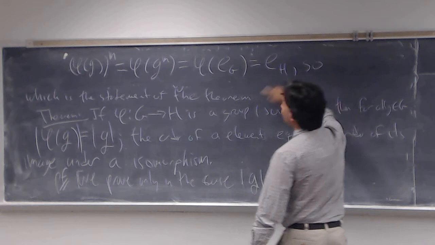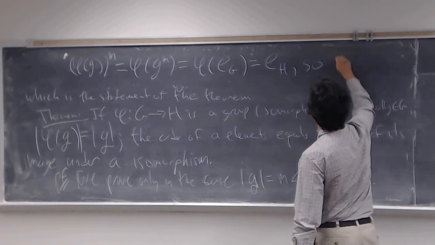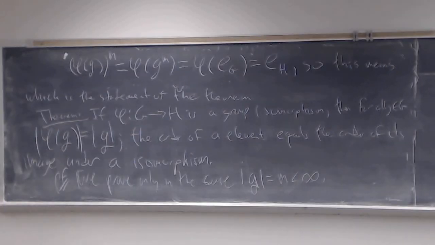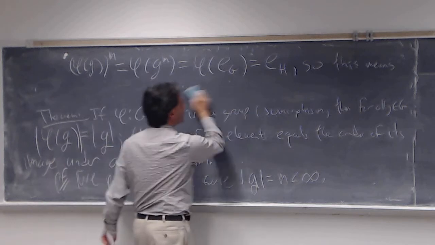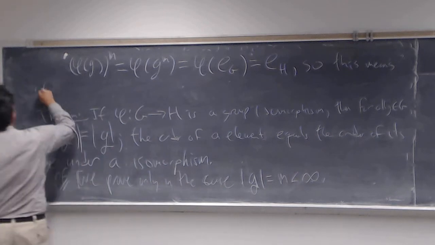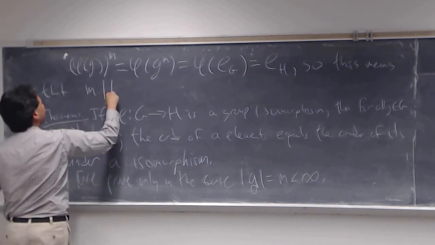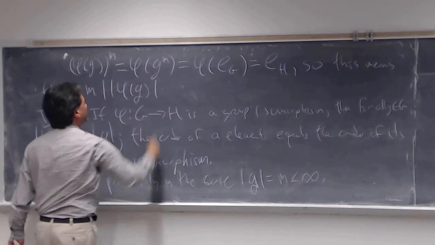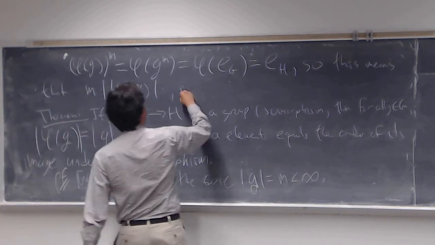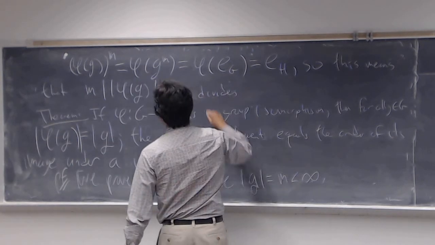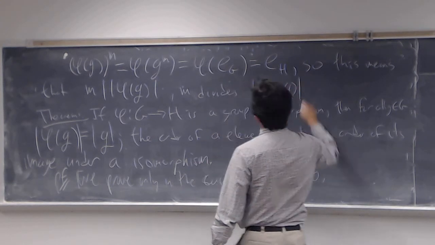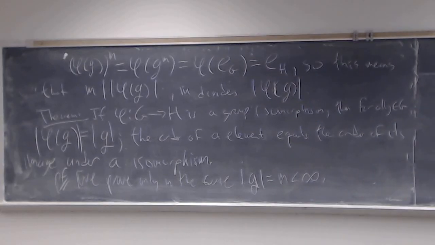So what does that tell us? We may be tempted to say that's enough, but this means that M has to divide the order of G. Again, that's really sort of a consequence of Lagrange.